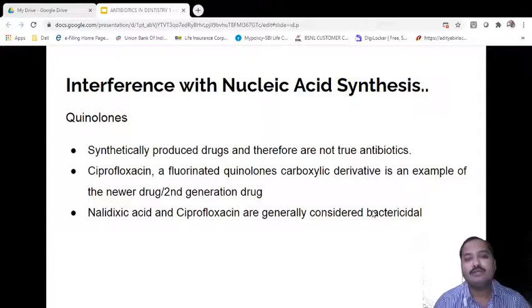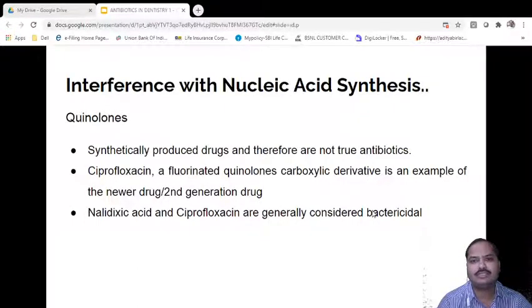And coming to the quinolones, these are synthetically produced drugs, and therefore they are not true antibiotics. In this category, we have ciprofloxacin, norfloxacin, ofloxacin, defloxacin, amifloxacin, levofloxacin, gatifloxacin. They inhibit bacterial DNA replication by interfering with the gyrase enzyme.